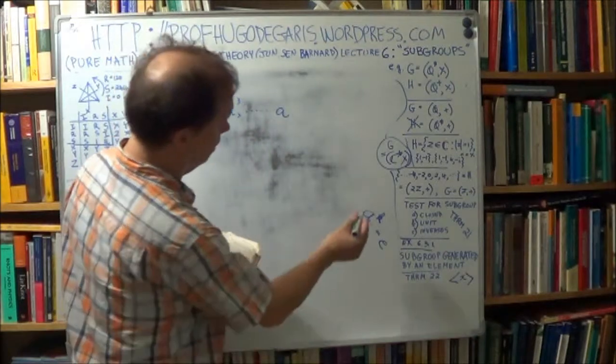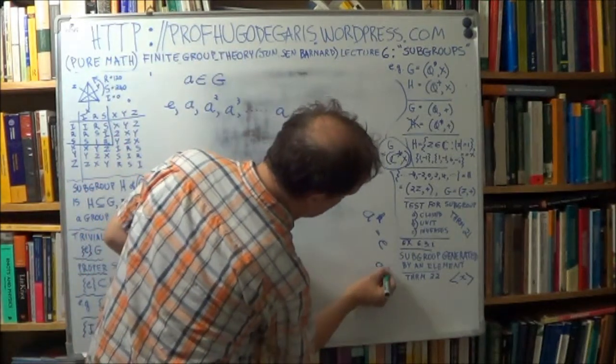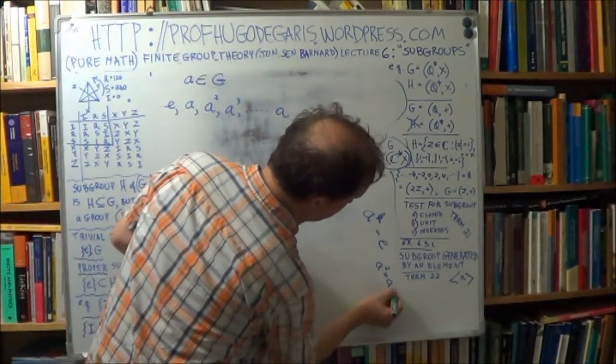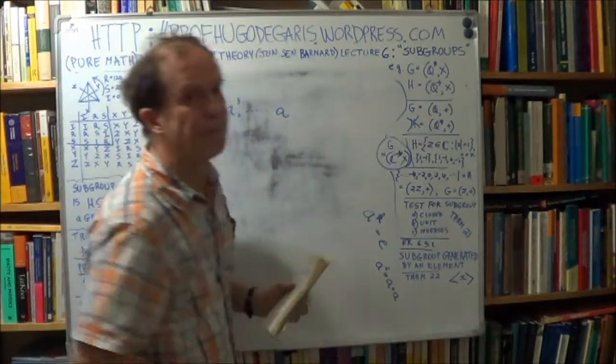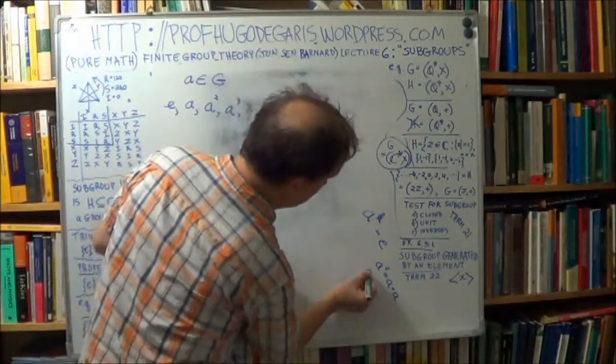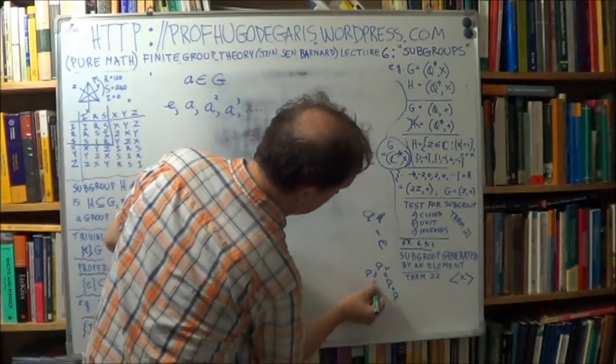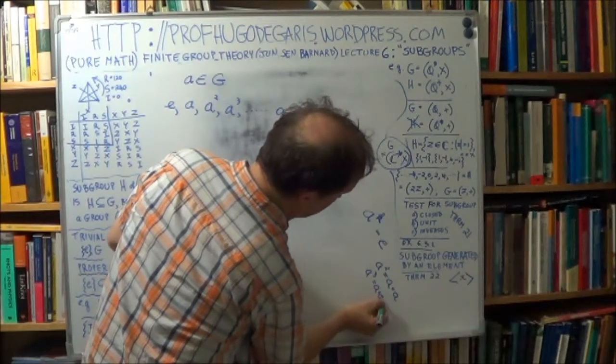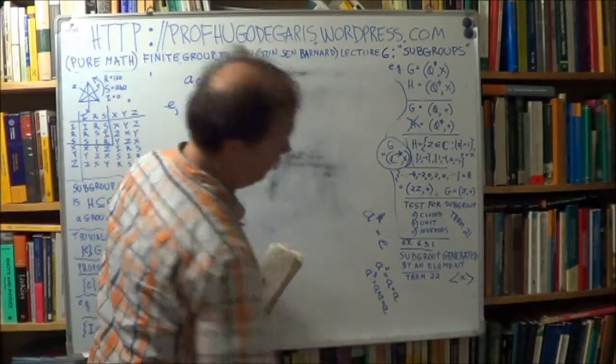Right? Now, what is a squared? Well, it's just shorthand for a binary operator a. Okay, so a cubed is just a binary operator a binary operator a.